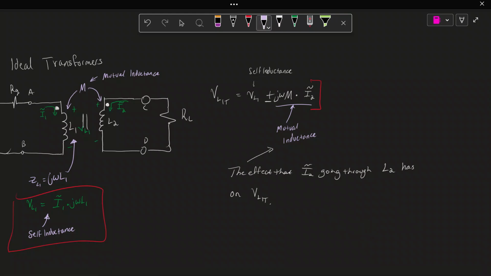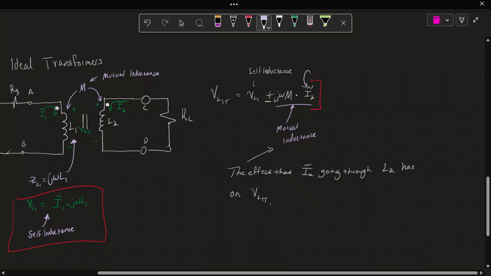So how do we know if it's plus or minus? Well, we have to worry about the current going through L2 and the dot convention.